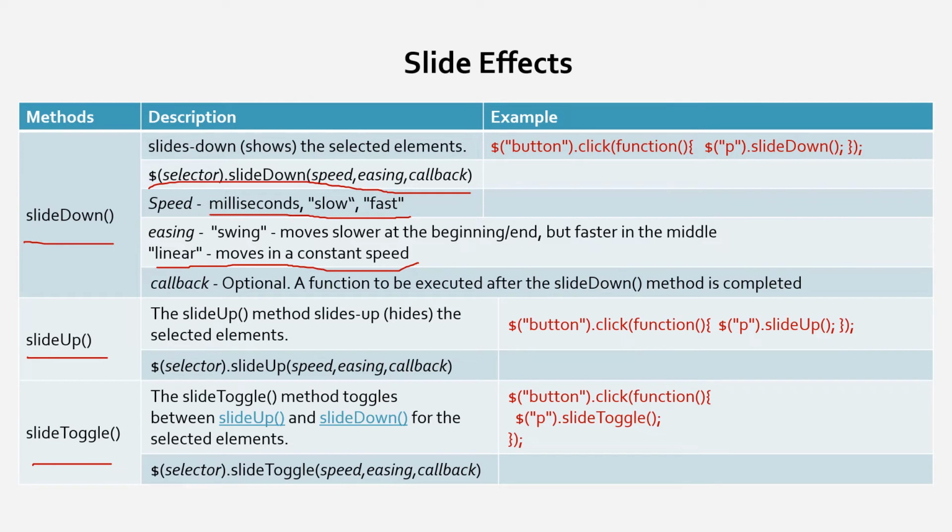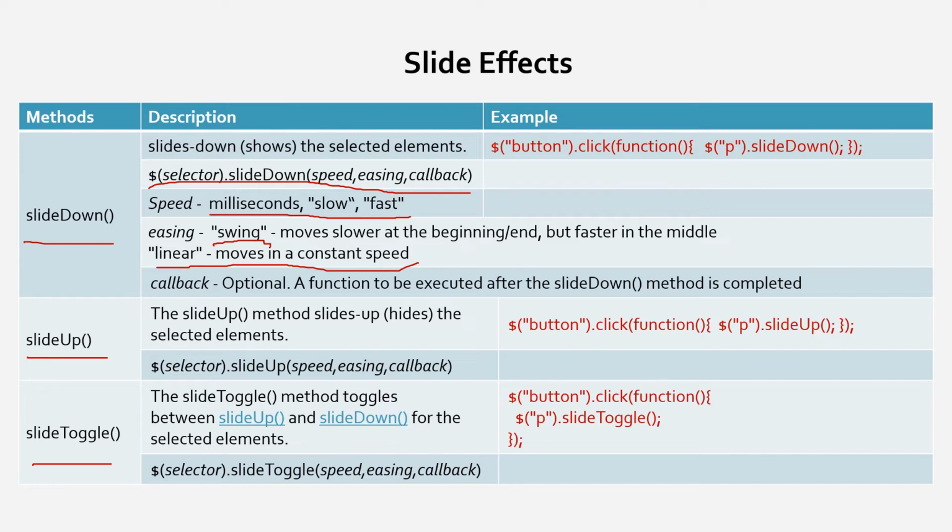Swing means initially it moves slower, then in between it is faster, then at the end it is slower again, like a swing. So you need to specify swing. And callback is optional, a function to be executed after the slideDown method is completed. What exactly you need to execute after this, you need to specify.